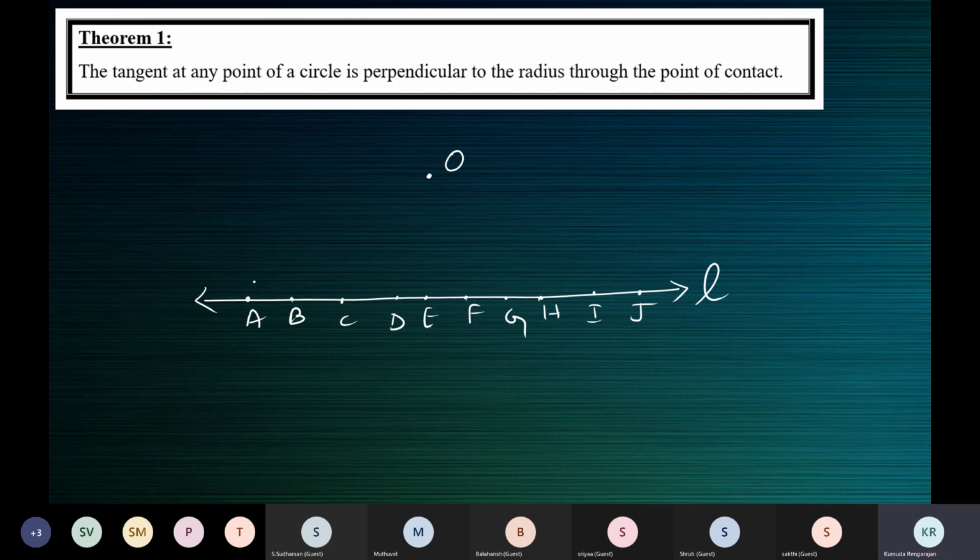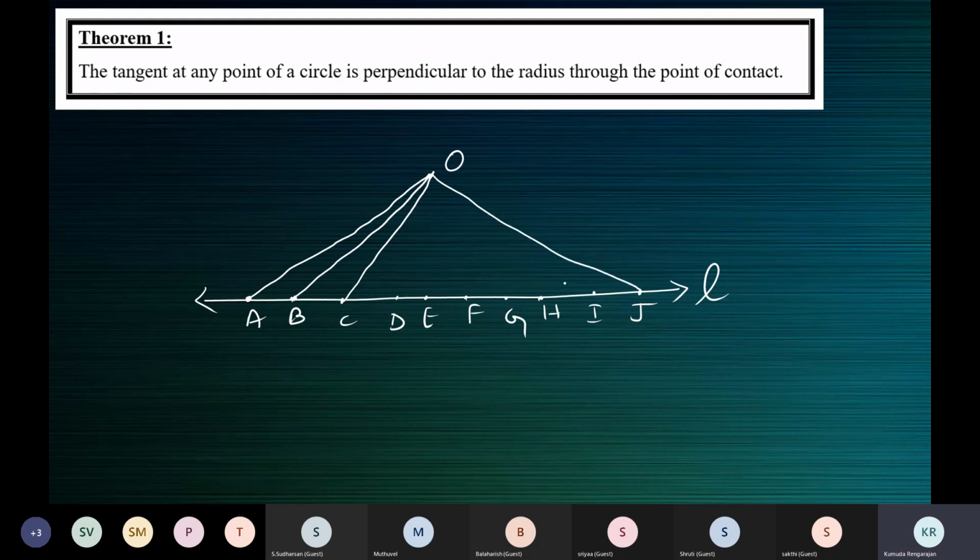Now, supposing you are standing at A and you take this path to reach the point O. There's another person at B and that person takes this path to reach the point O. There's another person at this point C and that person takes this path to reach O. So like this, different people take different paths, but they reach O.